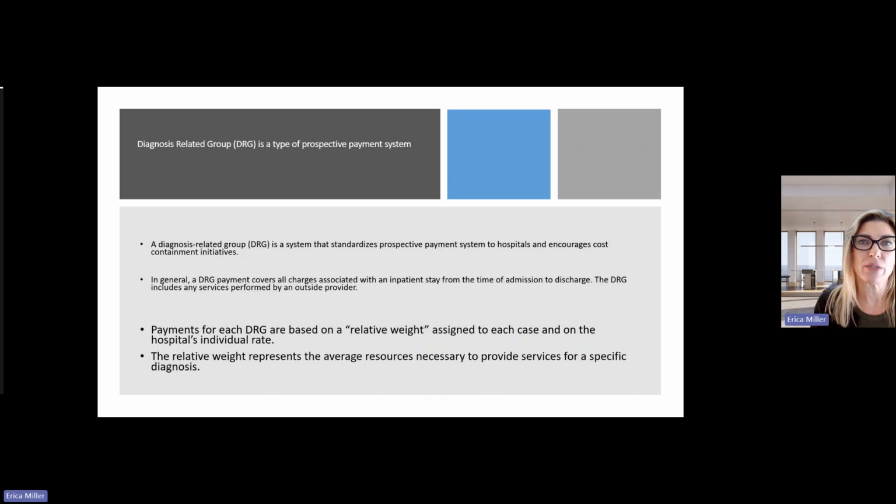I call it a relative value unit, an RVU, or they also refer to it as a relative weight. So that is the amount of money that's assigned to each service. So the relative weight represents the average resources necessary to provide services for a specific diagnosis.